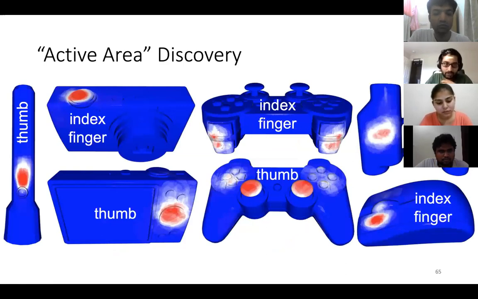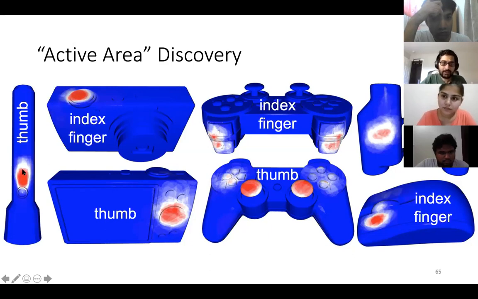And then we are able to do what we call active area discovery. What that means is, for example, this flashlight, right? We know all the various hand configurations of grasping the flashlight, and we also know which points were contacted on the flashlight using the contact maps.